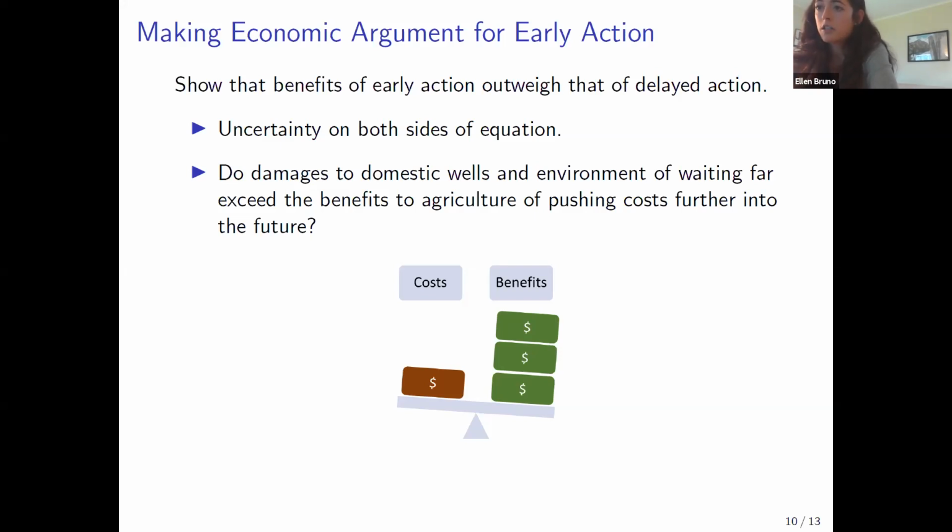And of course, there's uncertainty in estimating all of this. There's uncertainty on both sides of the equation. But if you can show that one is of a magnitude greater than the other, then the uncertainty argument necessarily drops out of it.